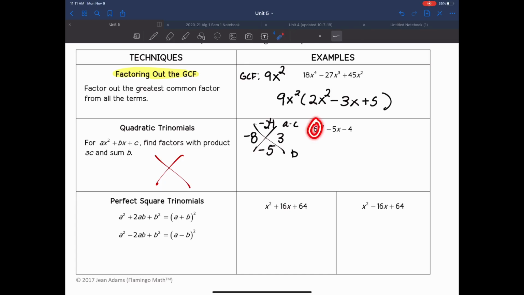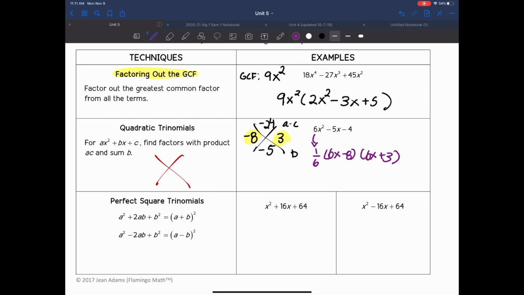Since my leading coefficient is greater than 1, I'm going to drop that down using a fraction. So I have 1 over 6, and then inside my binomials, I'm going to have 6x because my leading coefficient is not 1. My two factors are going to be negative 8 and positive 3, so let's drag and drop those in. I have 6x minus 8 times 6x plus 3.